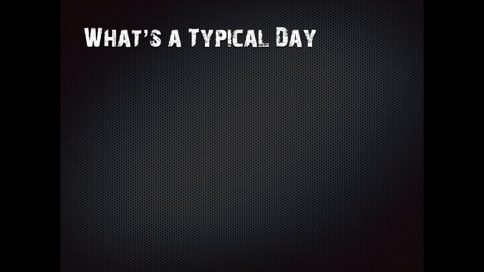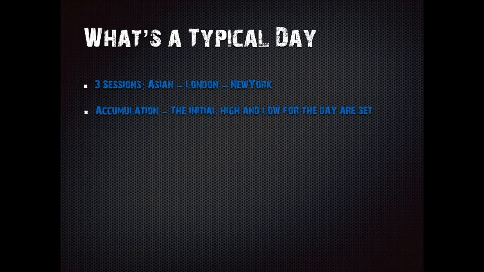So, what does a typical day look like? Typically we have three major sessions: Asian, London, New York. Accumulation typically happens during the Asian session, and this is where the initial high and low are set for the day.